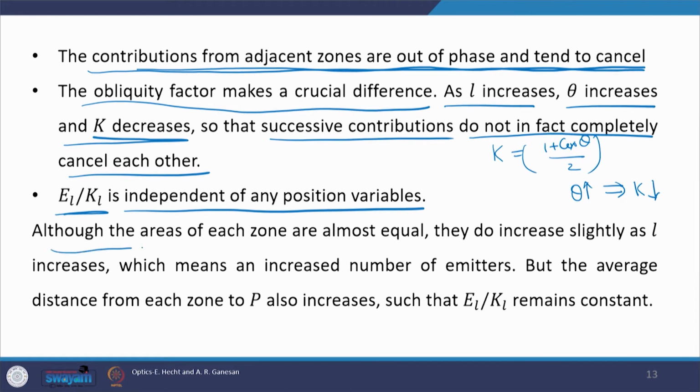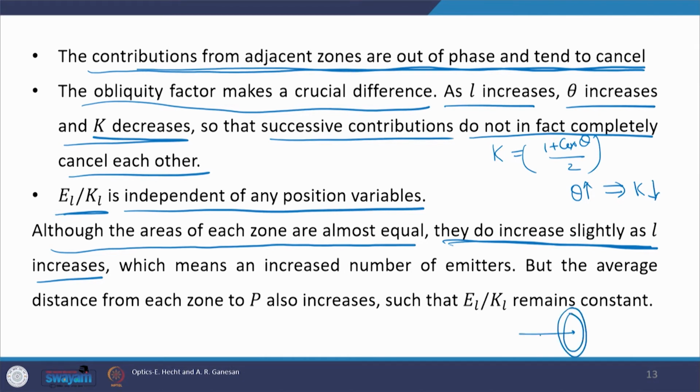Because although the areas of each zone are almost equal, they do increase slightly as L increases. Because if you increase L, then the radius of this zone would be larger. The radius of these zones is rho sin theta. We defined these zones like this, and this distance was rho, and this is phi.